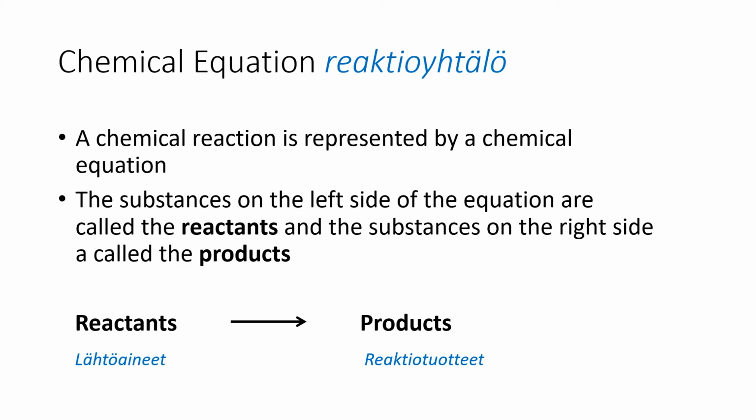According to the law of conservation of matter, the total mass of the products remains equal to the total mass of the reactants. This means that on both sides of the equation there are equal numbers of elemental atoms.